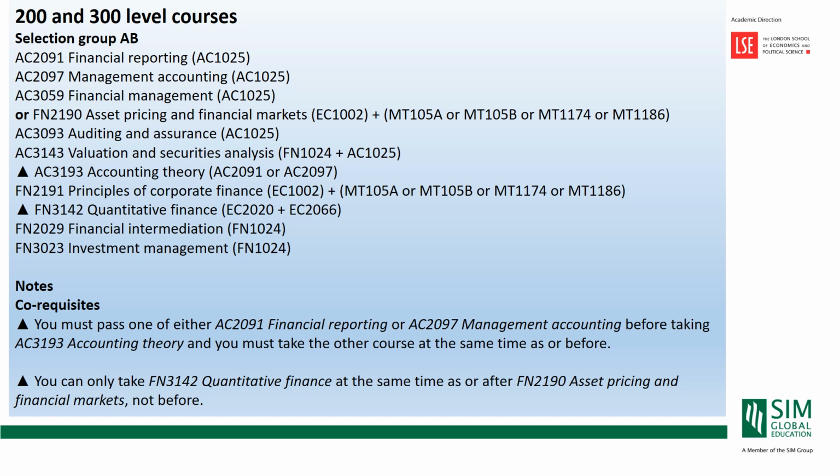And the next solid triangle, quantitative finance FN 3142, requires 2 prerequisites, which is EC 2020, that is microeconomics, and EC 2066, this is elements of econometrics. And also, you can only take FN 3142 at the same time as or after FN 2190, asset pricing and financial markets.